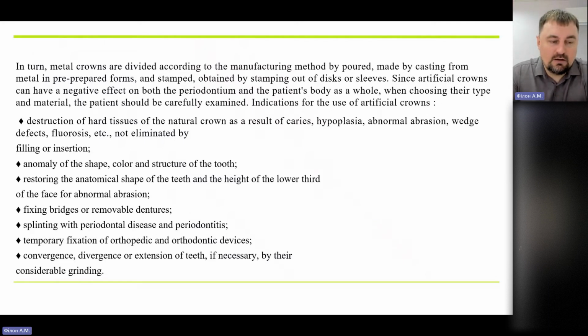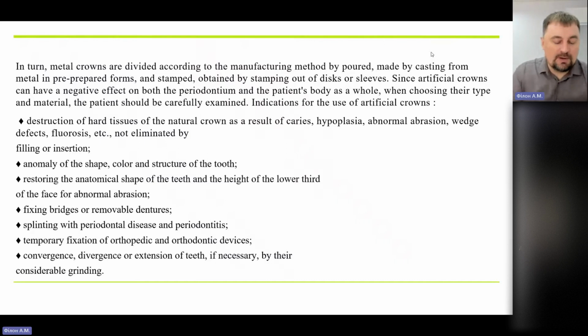rehabilitation. I want to say that always, in every situation, you have to think about the protocol of the treatment. What does protocol mean? Protocol consists of a lot of things, but the first thing is examination of the patient.